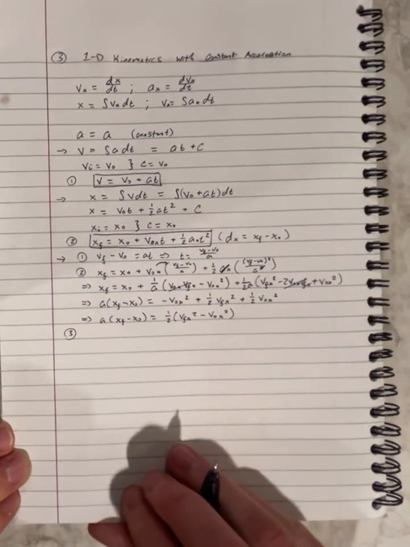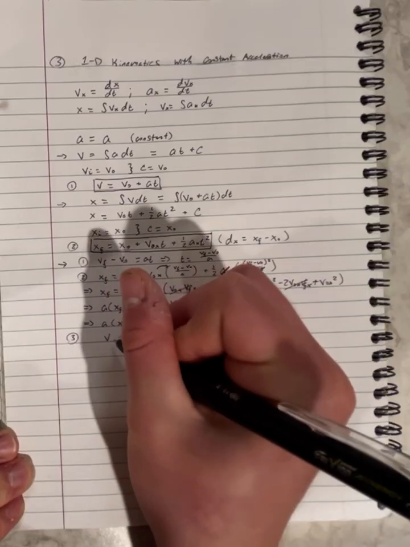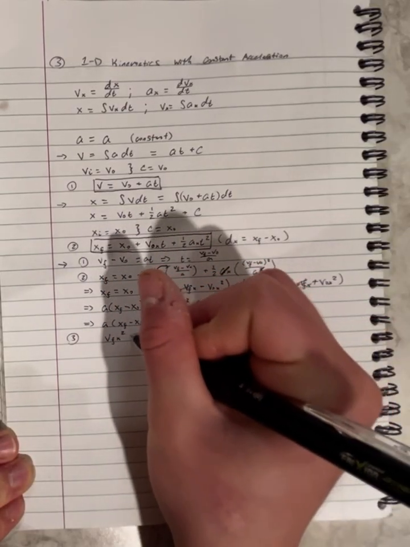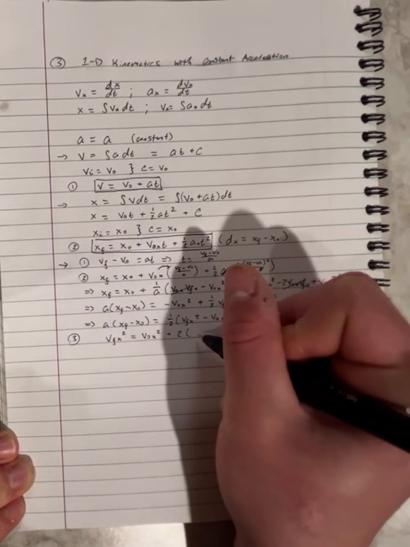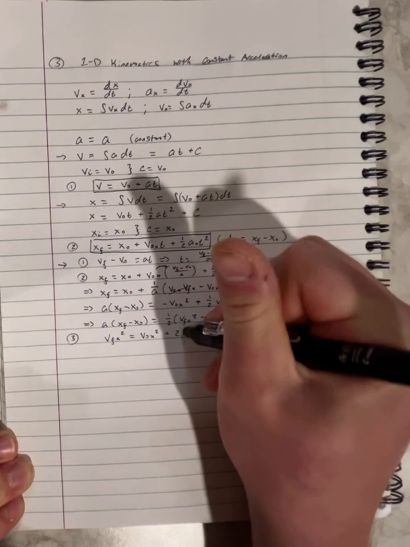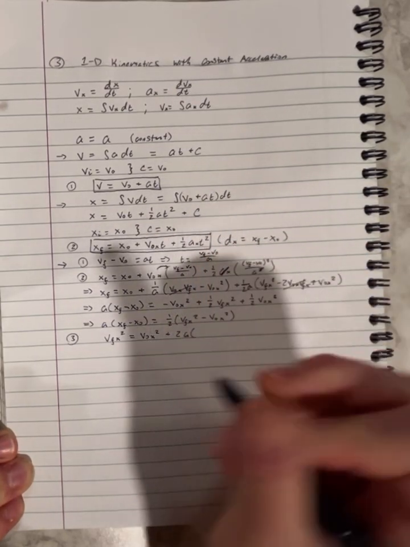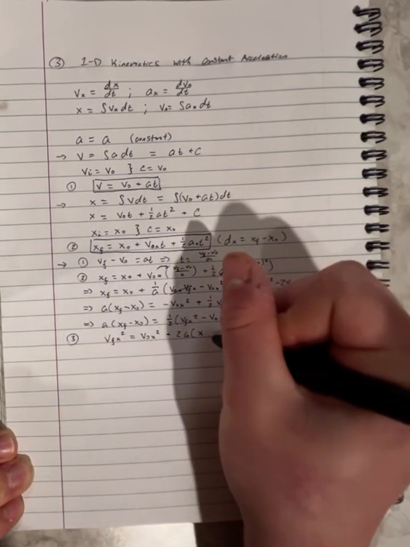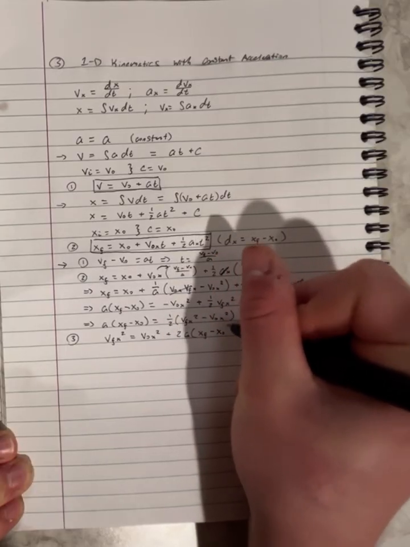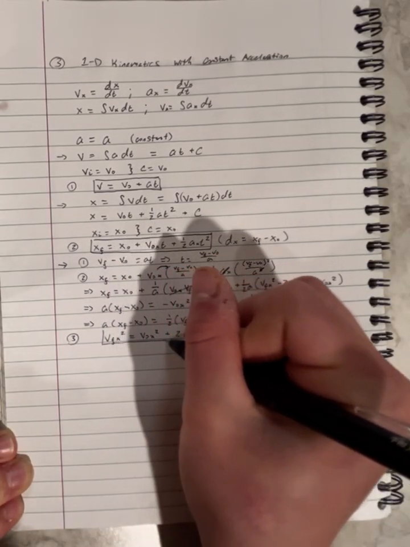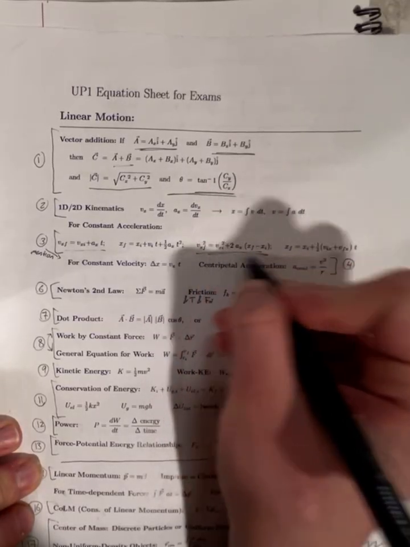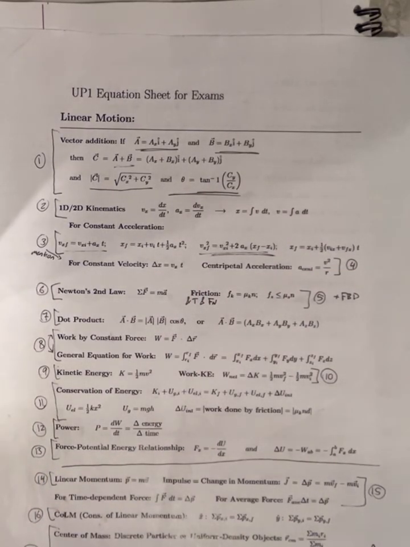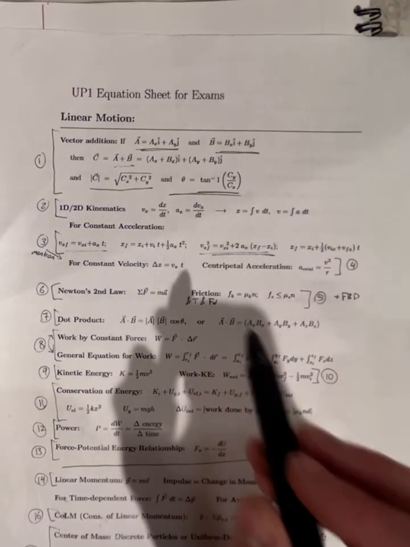And what I'm left with is the third kinematics equation, which is Vfx squared is equal to V naught x squared plus 2 times a times, this is the distance traveled, xf minus x naught. And that's the third kinematics equation, exactly as it is on your formula sheet right here. And again, that's the one that you're going to use if you have no time.